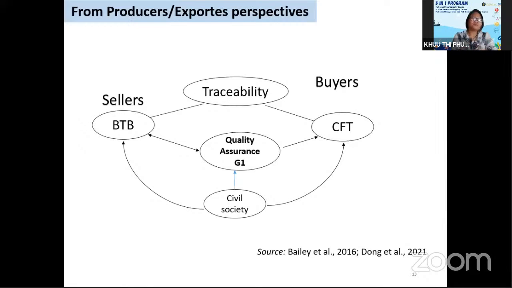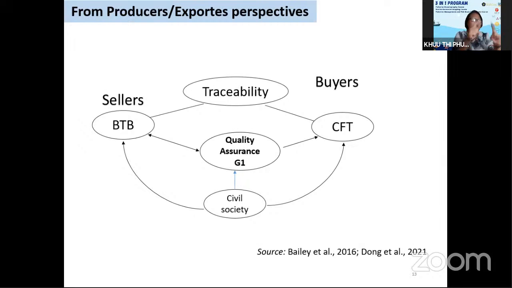But what happens? You can see here the B2B from the seller side. They want to apply only the B2B system because, as we discussed, in some cases they don't want to share the information with the customer.